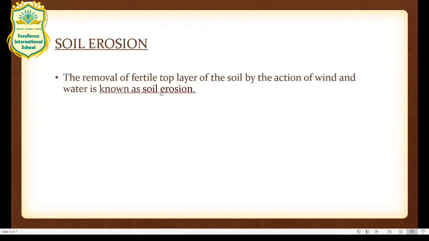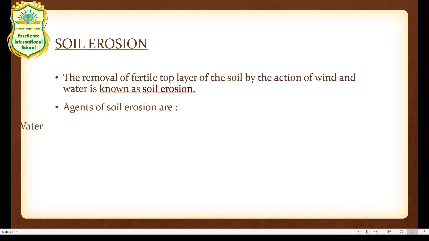The removal of fertile top layer of soil by the action of wind and water is known as soil erosion. So it is the removal, by natural things or by man, but it is the removal of the fertile top layer, and this is known as soil erosion.